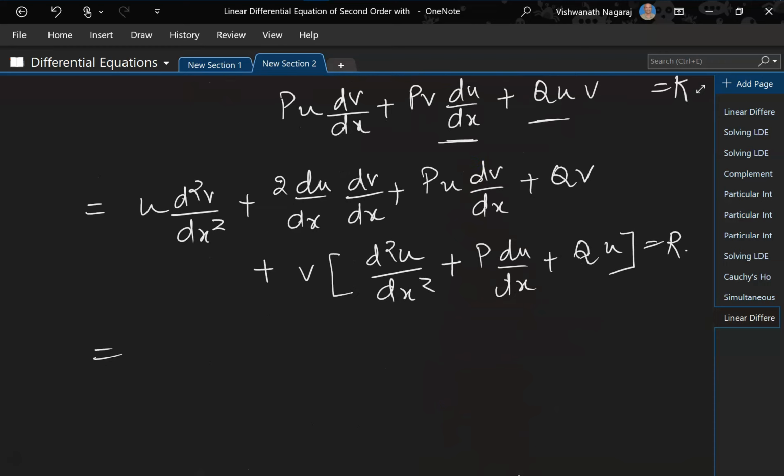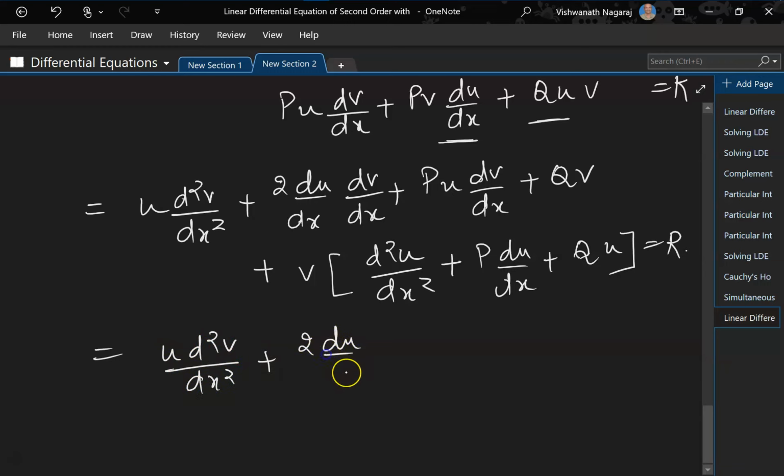So these three terms add up to 0. We are left with d2v by dx square plus 2 du by dx times dv by dx plus pu dv by dx plus qv equal to r.